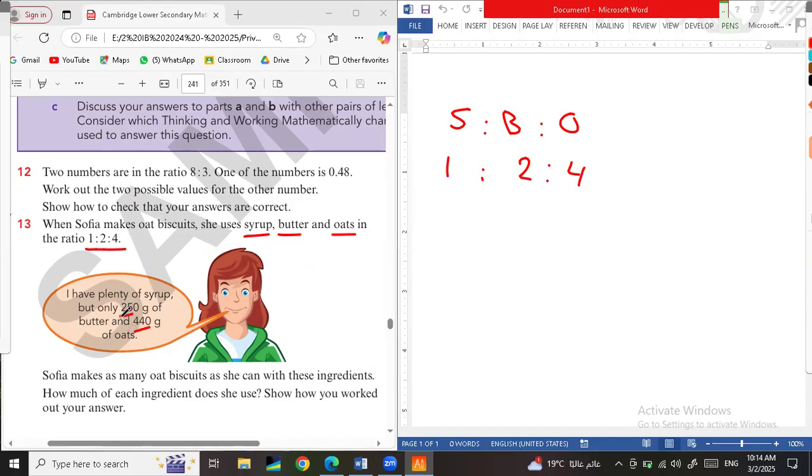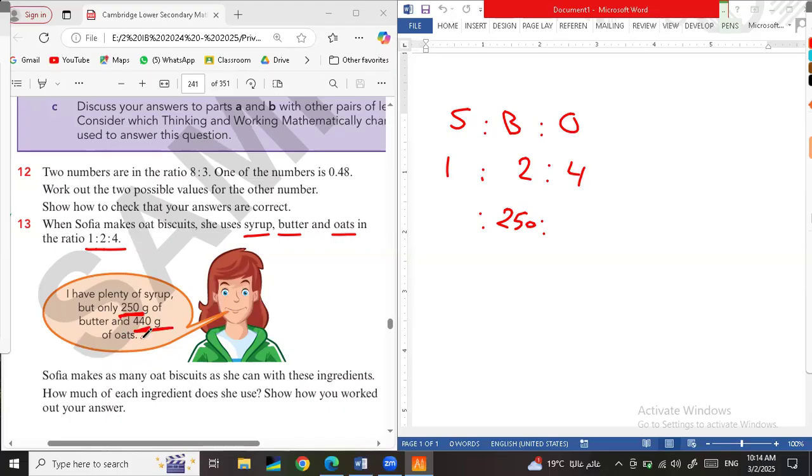I'm going to start with the 250 grams. So look at that, 250 grams of butter. How much will I need for the oats? They did not say that she's going to use 440 grams of the oats. They said that she has 440 grams of oats.